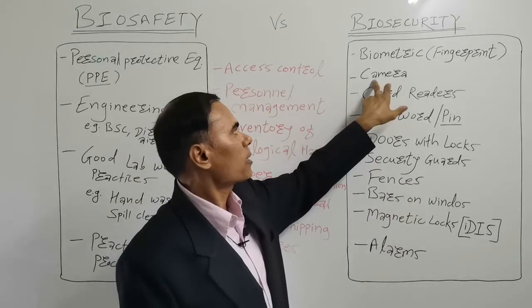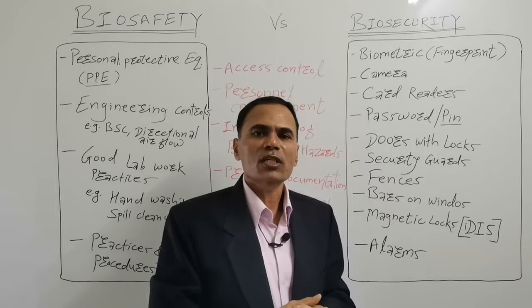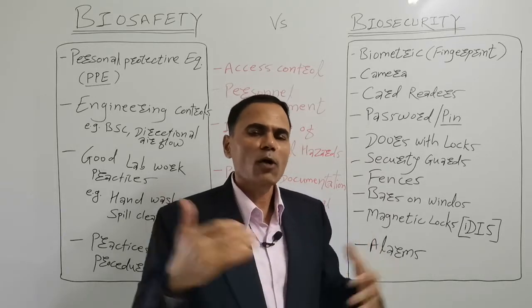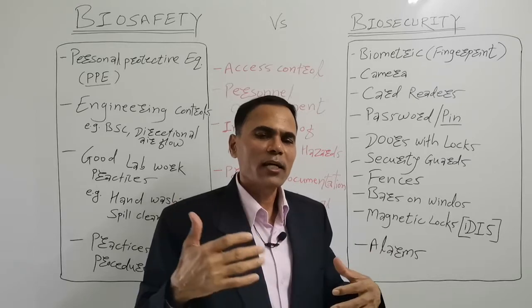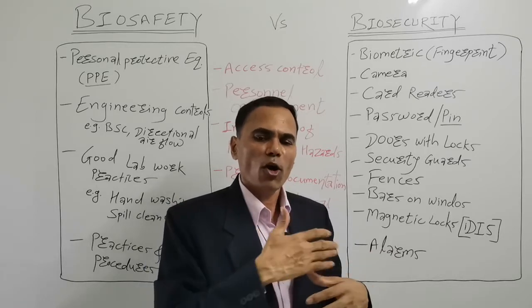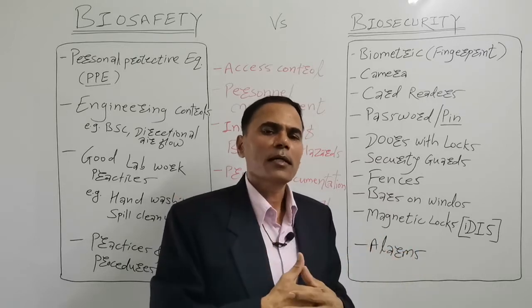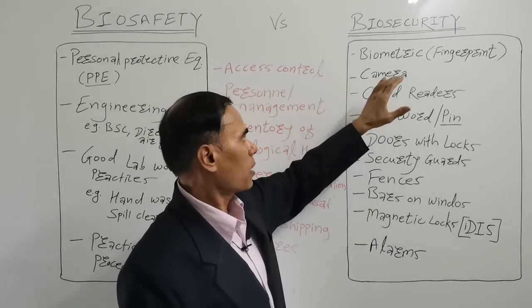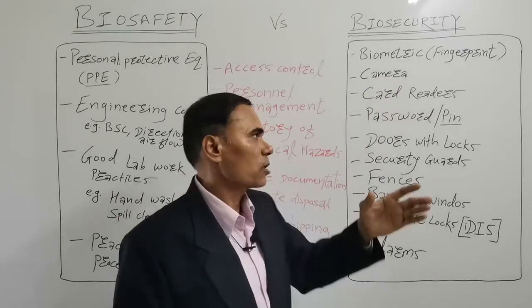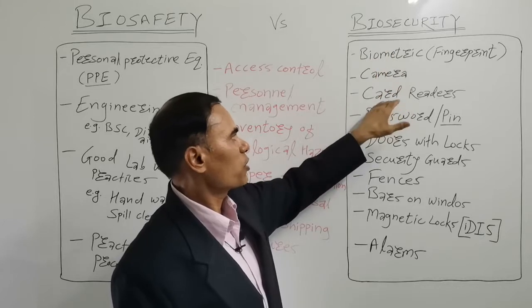Then cameras at the right locations to monitor the in and out of the people, the researchers going inside and coming outside. In order to monitor the movement of personnel in and out of the containment facility, surveillance cameras or CCTV need to be used, which is for biosecurity purposes.